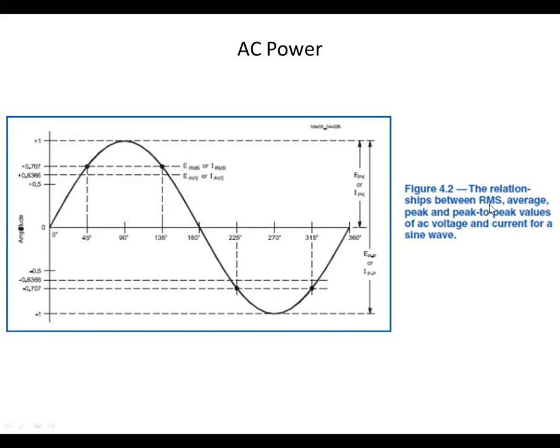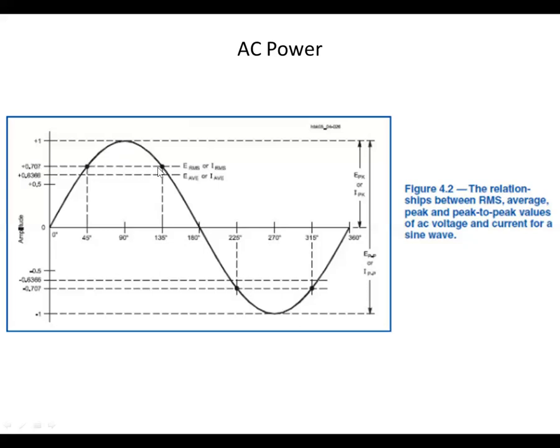Root mean square, RMS, the formula comes out that you measure or calculate the peak voltage times 0.707, and that's the RMS reading.